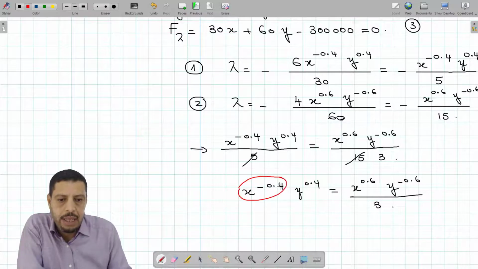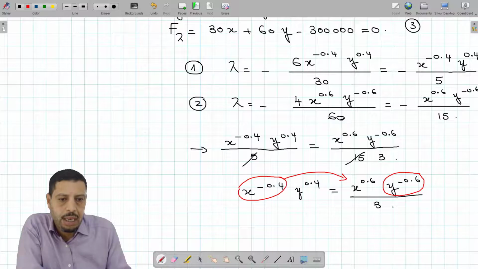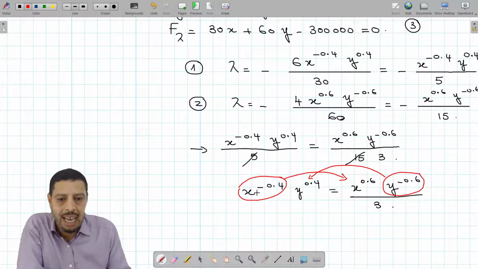Now I will group the similar quantities, which are the x's and the y's, okay? So I will move this x to the power of negative 0.4 to the right side, and I will move the y to the power of negative 0.6 to the left side, okay? Now, when you move a power, you invert its sign, okay?